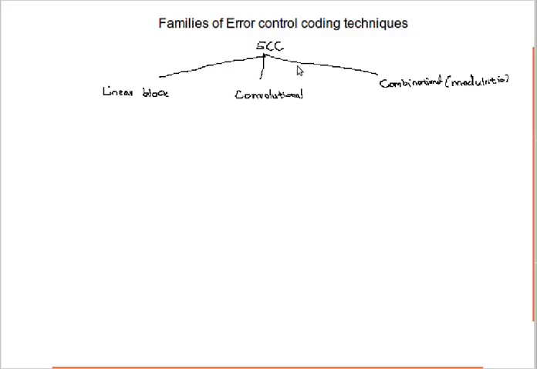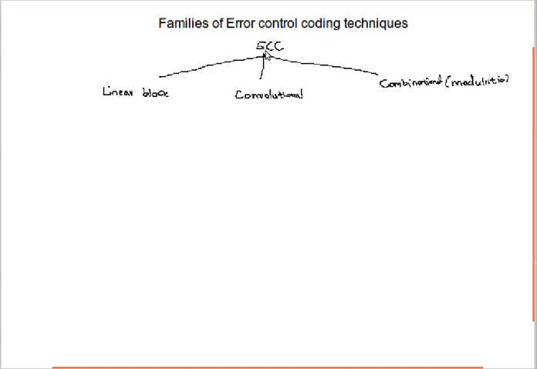Everyone. Today in this session we're going to talk about the families of error control coding techniques, which are very fundamental and applicable in practice, and are really interesting to consider because they are famous also in the theory of coding.